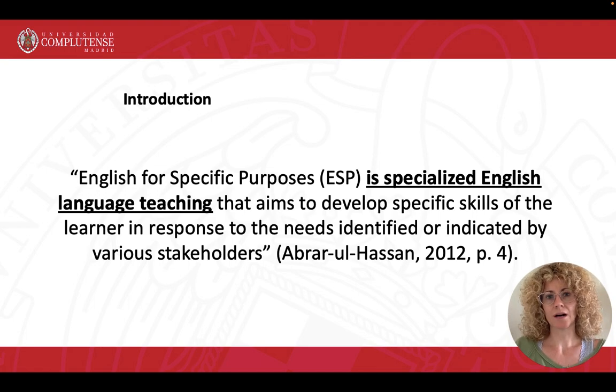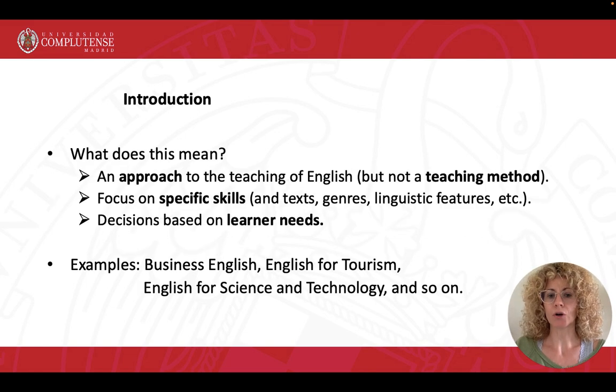So what do we mean by English for specific purposes? According to Hassan, it is specialized English language teaching that aims to develop specific skills of the learner in response to the needs identified or indicated by various stakeholders. So, more in depth, what does this really mean? Well, basically, that ESP is an approach to the teaching of English, not a teaching method.